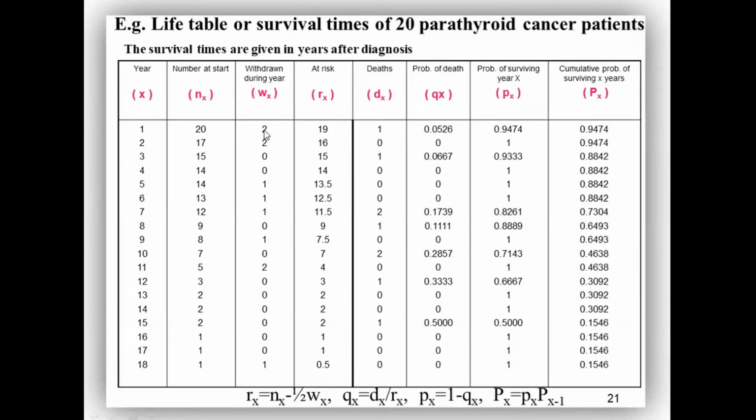So just to be fair, we will take 6 months. If for example they withdraw at the end of the year, then they have already survived the whole year. If they withdraw at the beginning of the year, then they survive none of the months of the year.